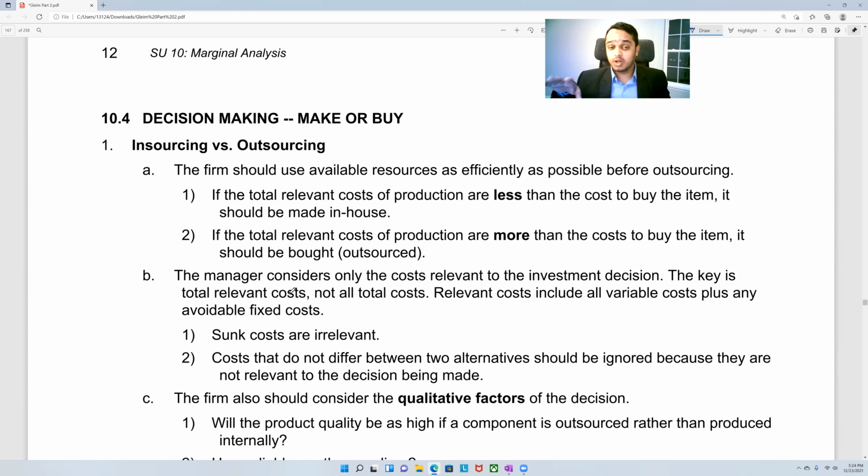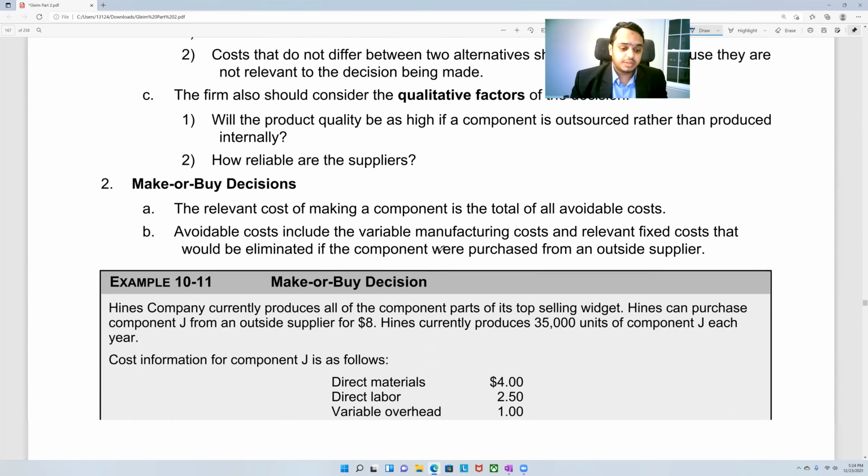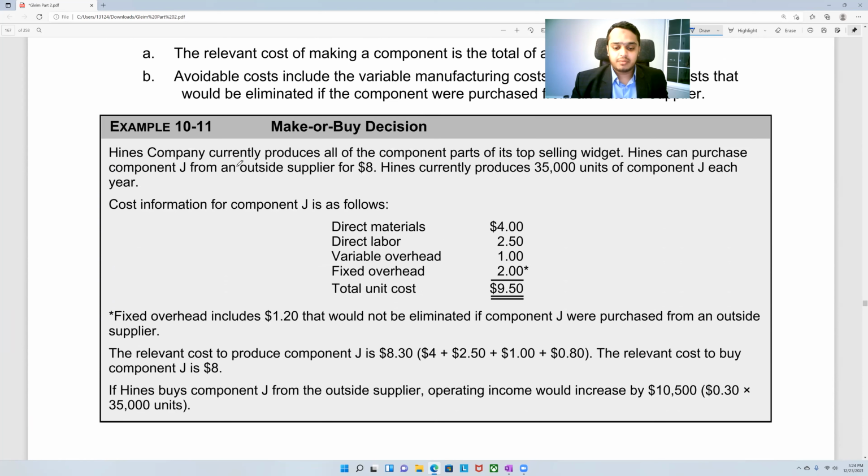In fact, we'll be getting questions in the MCQ sessions for this make or buy decision, in-sourcing versus outsourcing, whether to make it in-house or just outsource it. We have a small question in here, but we'll be doing it in the MCQ sessions because this is a straightforward question.